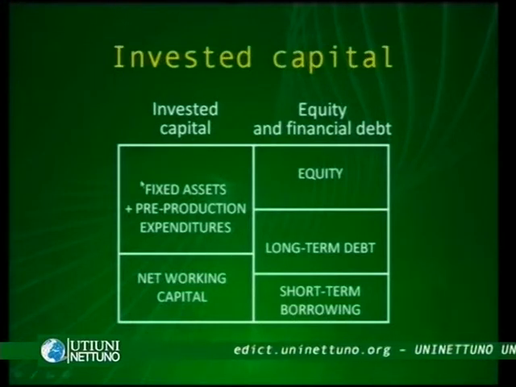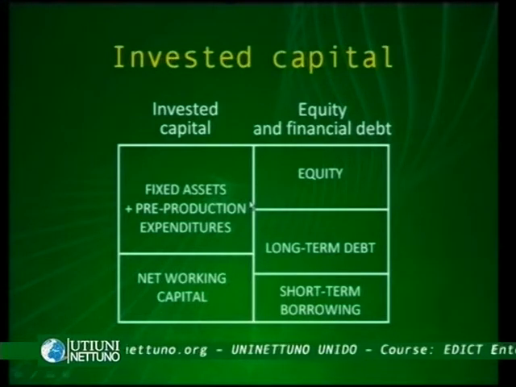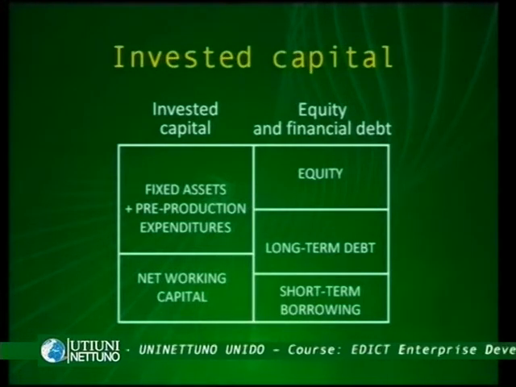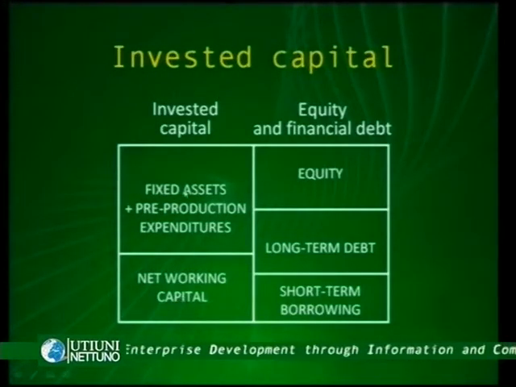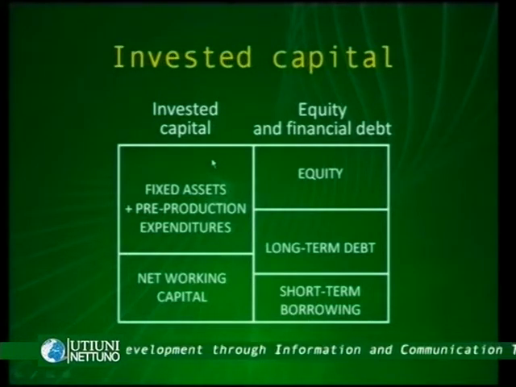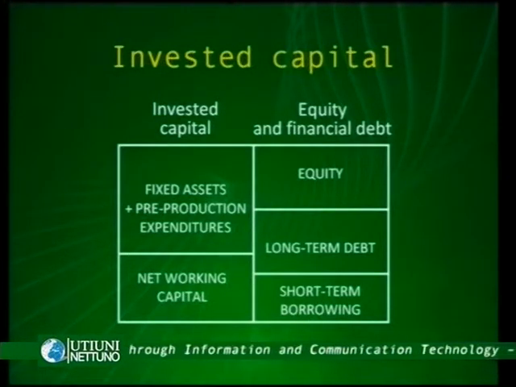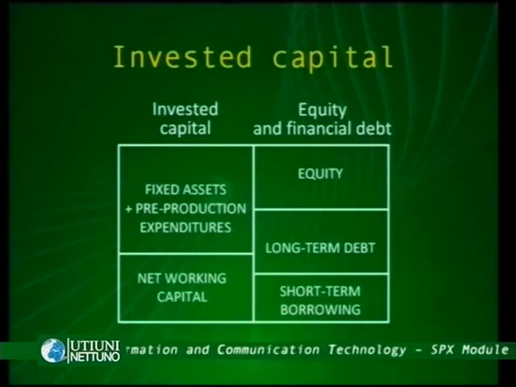So this is basically all the investment that is required by a project, both in the long term and in the short term. So when we represent the balance sheet in this way, on the left side we are measuring the financing need required for the total investment of the new project.